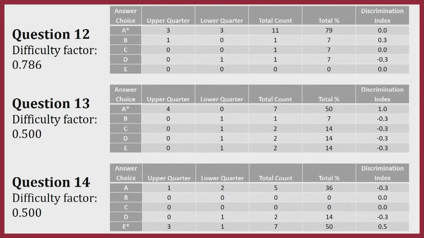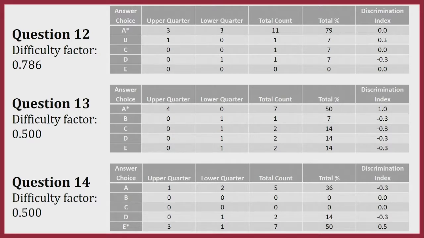They generally got this question right? 3 of them did. In the lower 3, 3 of them also got that right. So the argument is that students on this item, out of all the items on the test, I think this test had 30 questions or maybe more, there was no difference in the students who did well on the test overall versus the students who did poorly on the test overall.